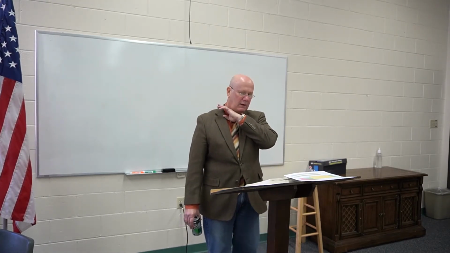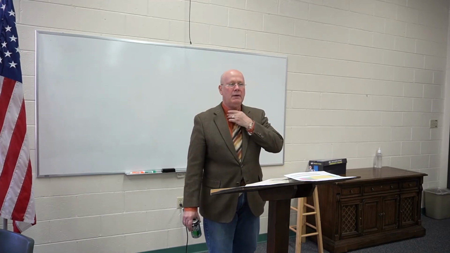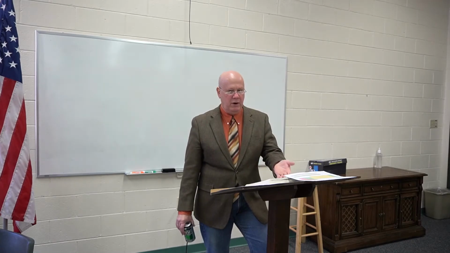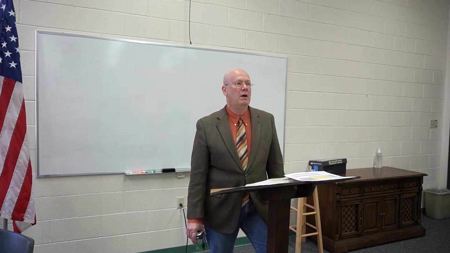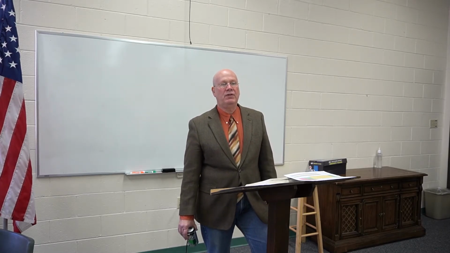Now, mass number. I didn't define this for you, so would you please write this down in your notes? It's there right on page 207. Mass number is the total number of neutrons and protons in an atom. So if you add the protons together with the neutrons, you get something called mass number.